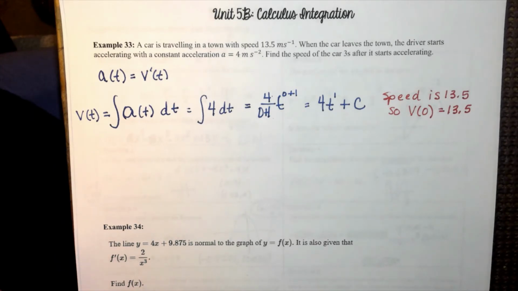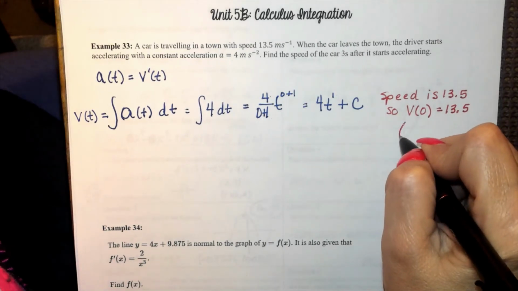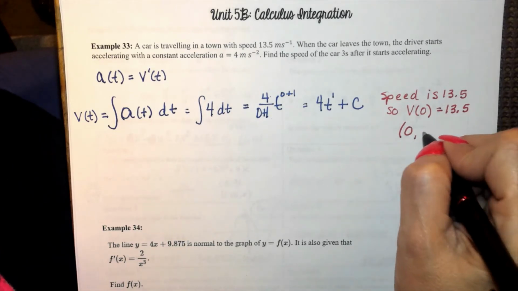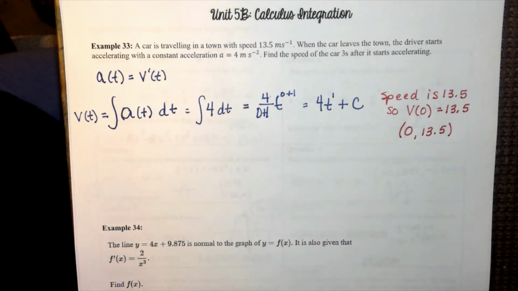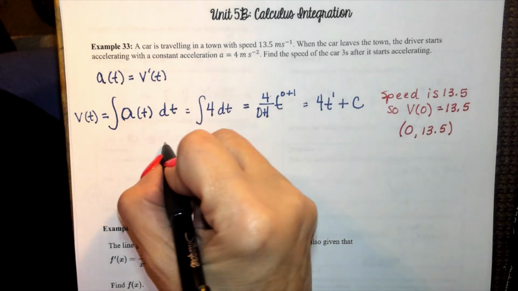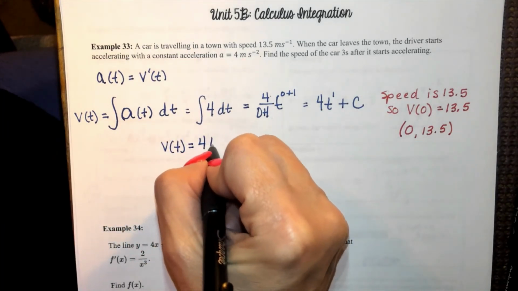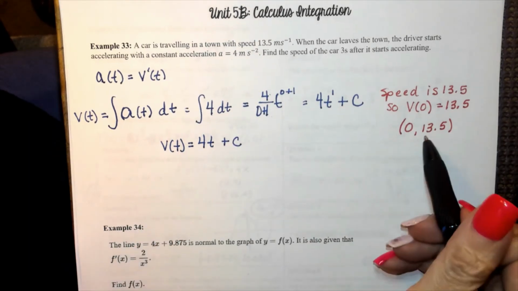It tells us the car is traveling in a town with a speed of 13.5 meters per second. That would mean at time 0, when I hit the city, I'm already traveling 13.5 meters per second. I can use that information because right now I know that the velocity function is 4t plus c.